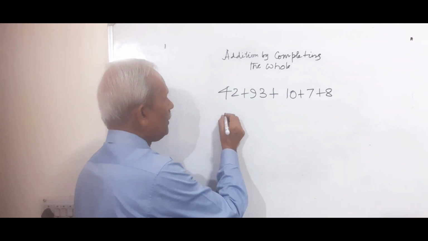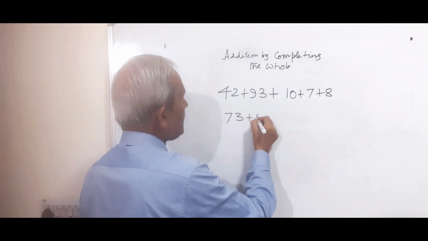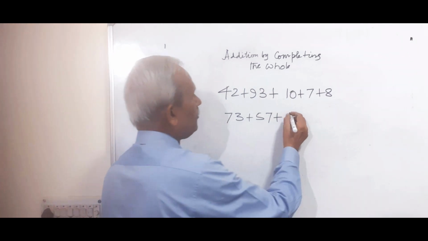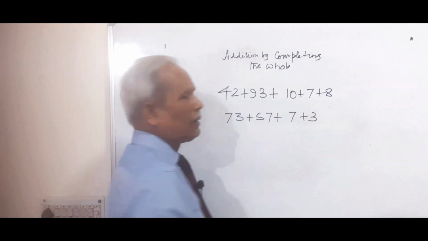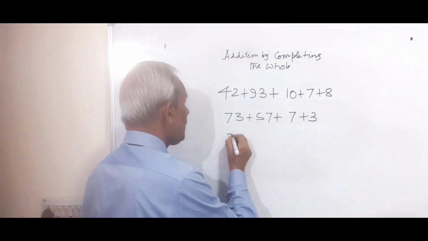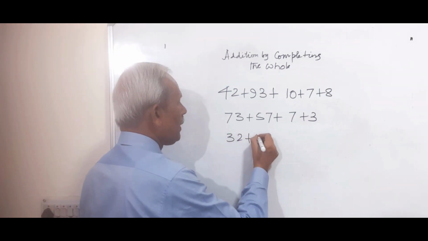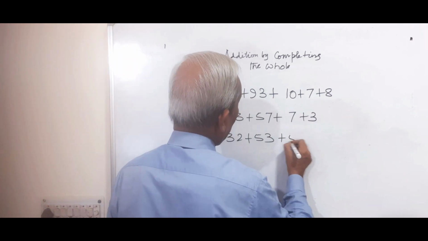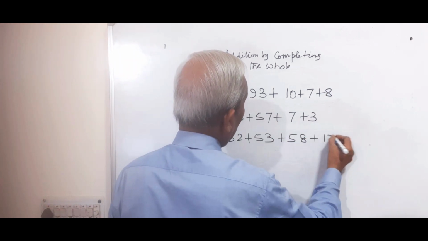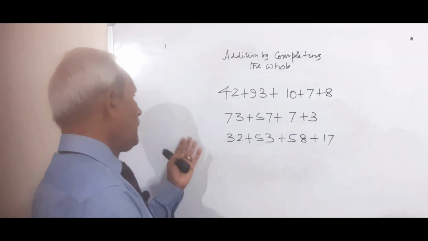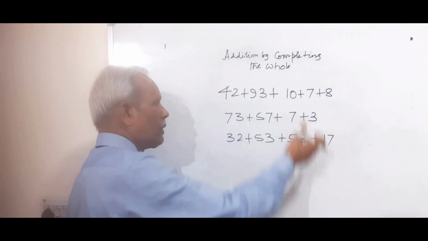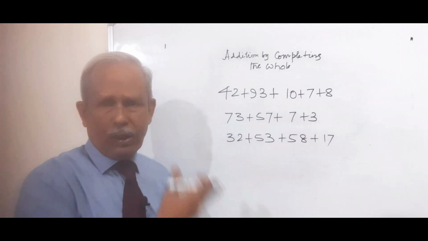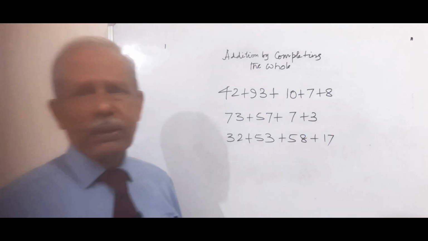Another sum, 73 plus 57 plus 7 plus 3. What is the total? 32 plus 53 plus 58 plus 17. So you can try it yourself. Things are quite easy. You can try to find out the whole numbers out of it, and we can make the addition in all these three sums. So this is an exercise for you. You can try it yourself, right?